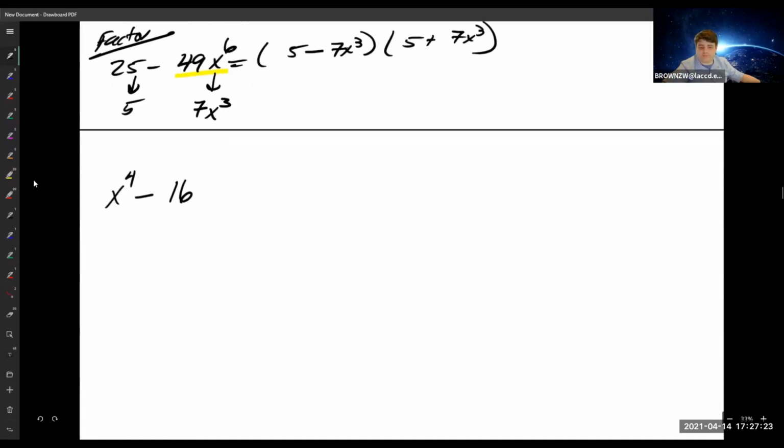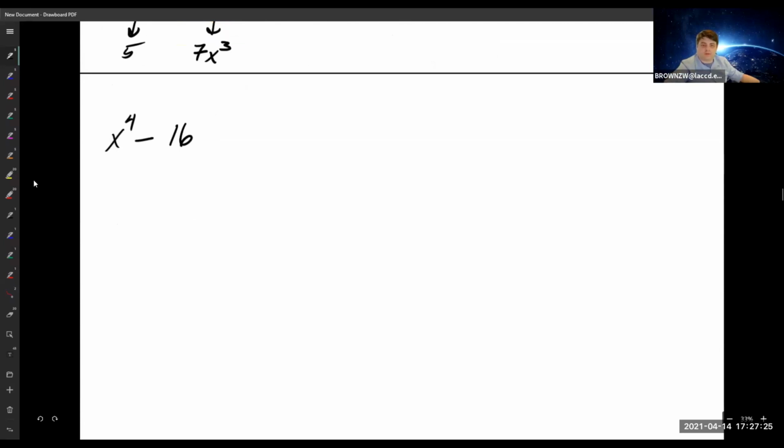Difference of two squares. Okay, so here we have x to the fourth is a perfect square of x squared. 16 is a perfect square of 4. So we can factor this into x squared minus 4 and x squared plus 4.